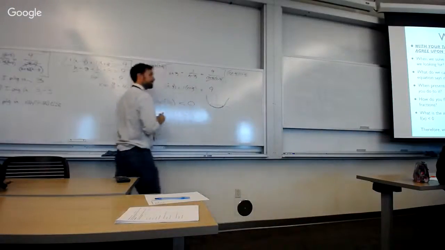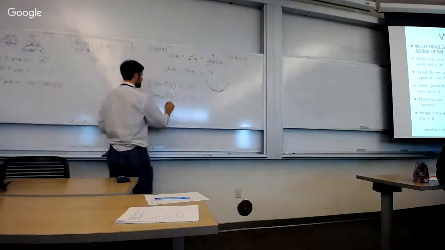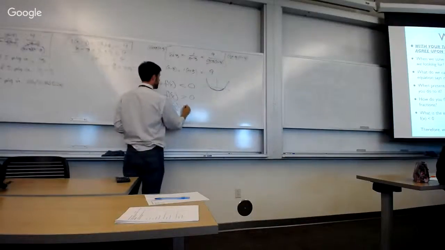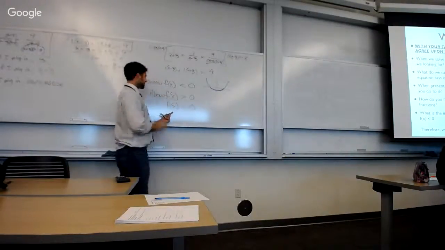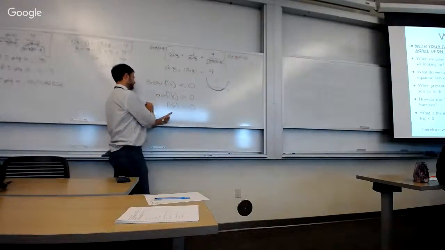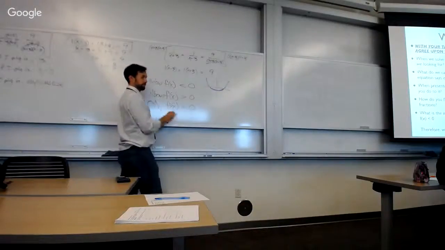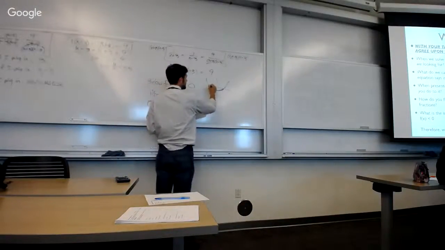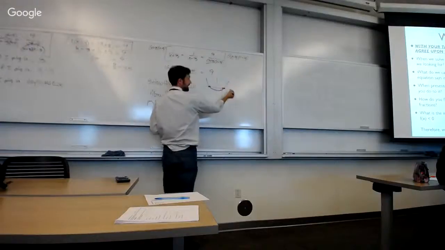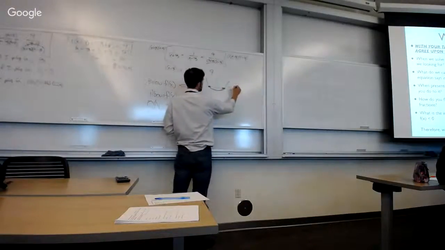So therefore, when f of x equals 0, that means it's right on the 0 point, right? Yeah, it's on the x-axis, which makes it an x-intercept. So that's nice.